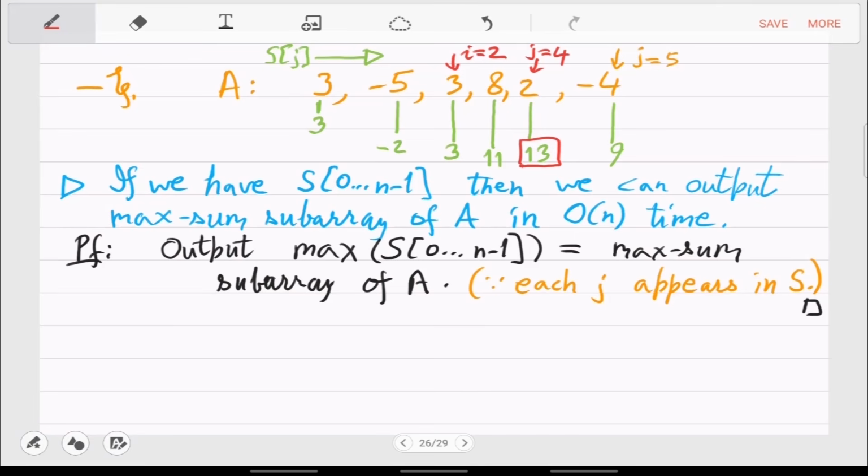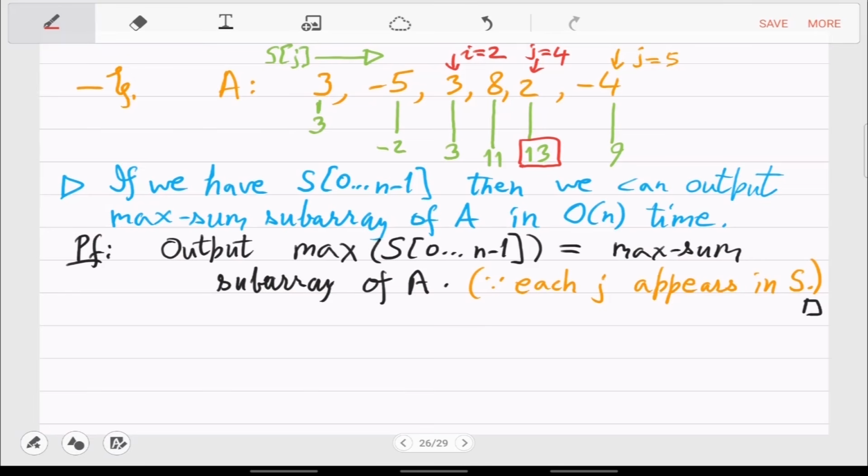Yes? We can keep a suffix sum array, and in the suffix sum array we will also have 13 at index I equal to 2, and we can show where both values coincide. So are you saying that you don't need an extra array? We need an extra array. I said that extra array, call it big I, and the big I array will store the I value at big Ij.